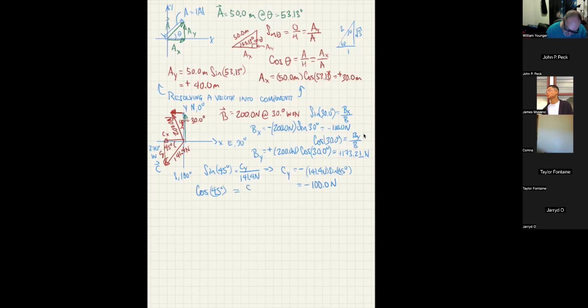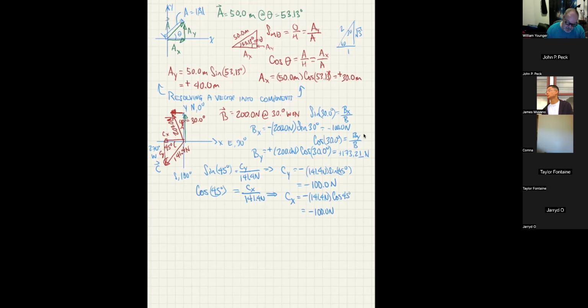The adjacent this time is CX, and the hypotenuse is 141.4 newtons. So that tells me that CX is going to be, again, I force the negative by writing that down, and then I do 141.4 newtons times the cosine of 45 degrees, which gives me, in fact, exactly the same thing, negative 100.0 newtons.